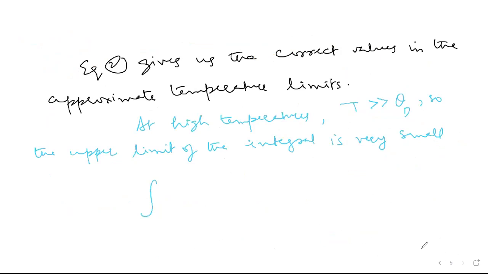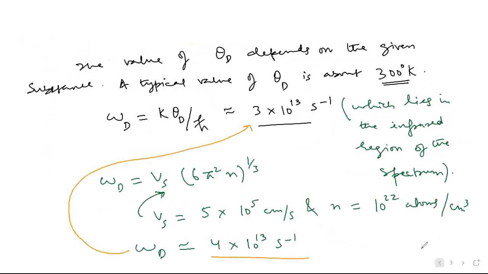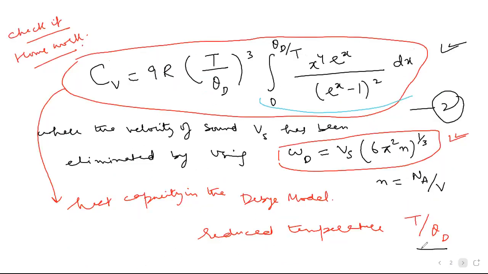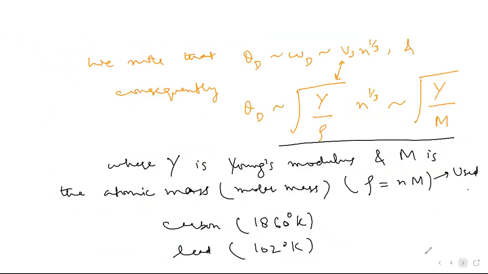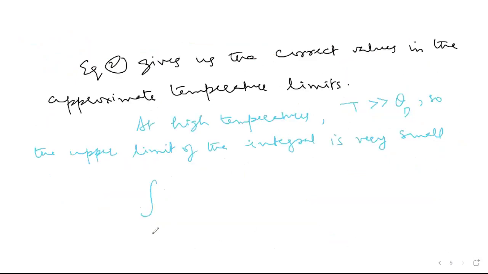What is my integral? 0 to theta D over T, and inside the integral, x raised to power 4 e raised to power x over e raised to power x minus 1 squared dx.